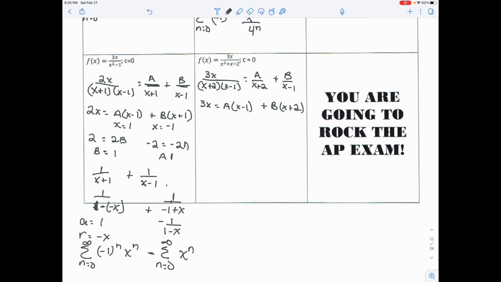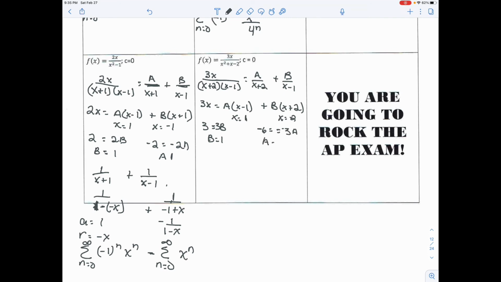It's very similar to what we did before. So if we let x equal to 1, we get 3 is equal to 3B. So B is equal to 1. If we let x equals negative 2, we get negative 6 is equal to negative 3A.